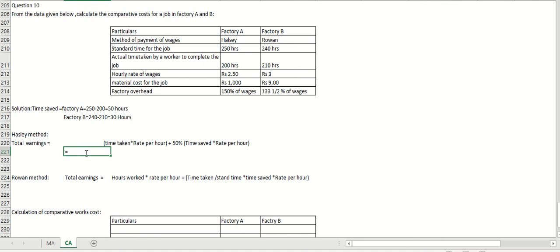Under the Halsey method, time taken is 200 hours into rate per hour, which is 2.50, given in the question, plus 50% of time saved, which is 50 hours, into rate per hour 2.50.